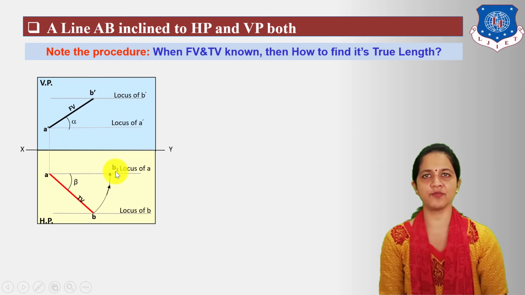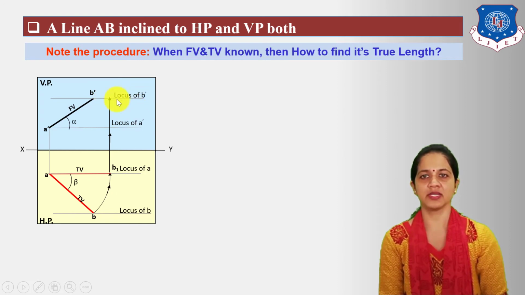Mark point B1 here. AB1 indicates the horizontal component of the top view. Next, take a vertical projection up to the locus of B dash in the front view and mark point B1 dash. Connect A dash B1 dash, which indicates the true length in the front view at an angle theta.